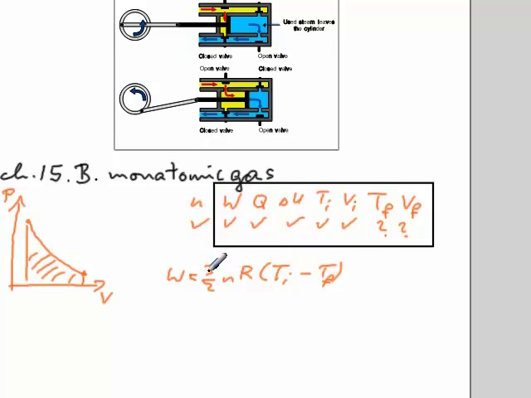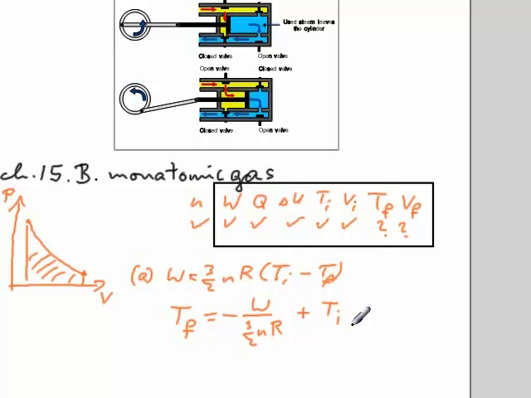Notice that everything in here is given, and that means that for part A, the final temperature equals work divided by 3/2 nR, minus Ti when I get that to the other side. So I divide by all of this, the work, and then I subtract the initial temperature, but then I still have a negative in front of the Tf, so I get that negative to the other side, so one changes to a positive and the other changes to a negative.